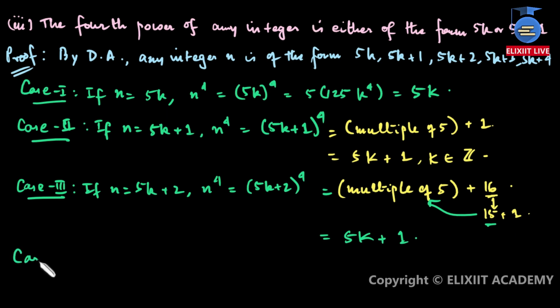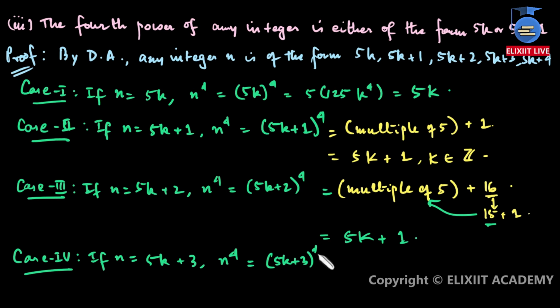And lastly, we have case 4. What happens if n is equal to 5k plus 4? Sorry, 5k plus 3. This is your second last case. Case 4 is if n is equal to 5k plus 3. Similarly, same logic. n to the power 4 is 5k plus 3 whole to the power 4.